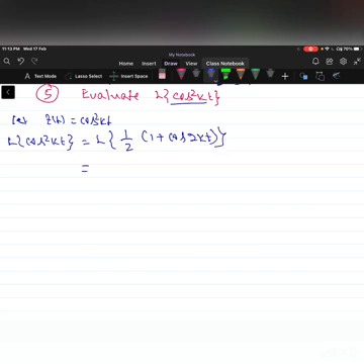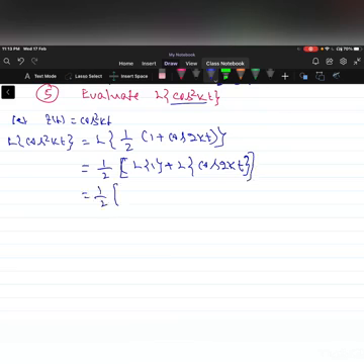So now we take the Laplace inside, 1 by 2 take it outside, Laplace of 1 plus Laplace of cos 2kt. 1 by 2 into Laplace of 1 is 1 by s plus Laplace of cos 2kt is s by s square plus 4k square.